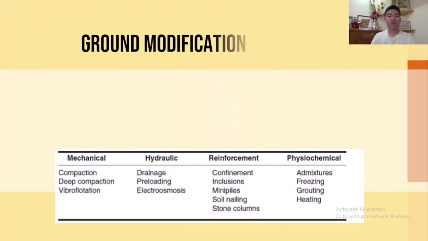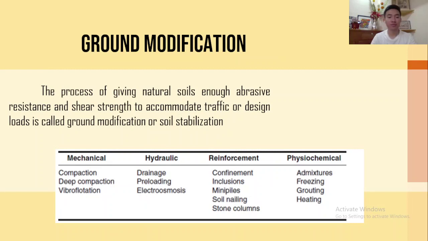So now let's proceed to ground modification. Ground modification is the process of giving natural soils enough abrasive resistance and shear strength to accommodate traffic or design loads. That is how we define ground modification or soil stabilization.